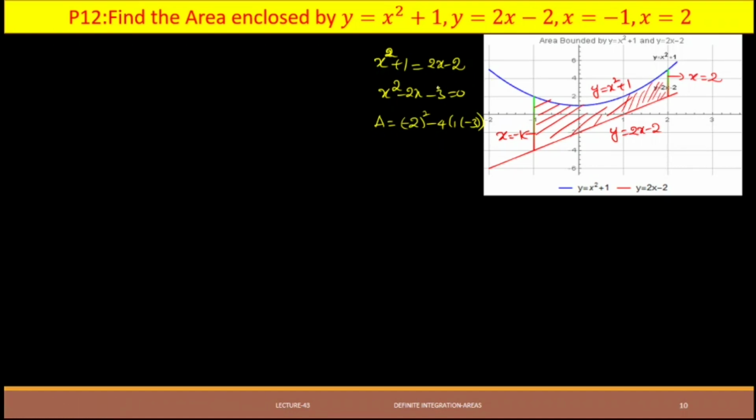I think this is plus 3, so it is x square minus 2x plus 3.